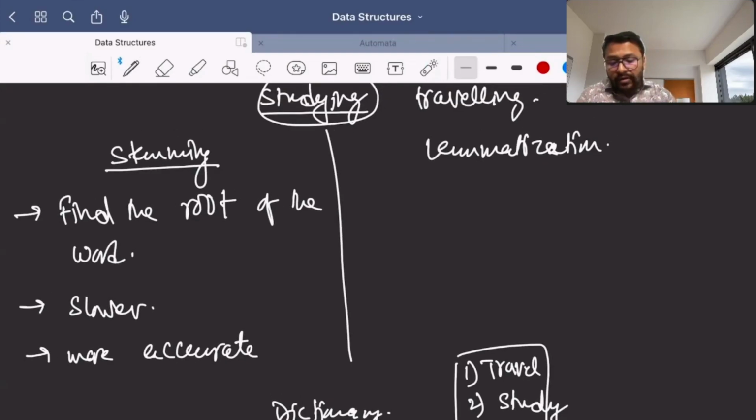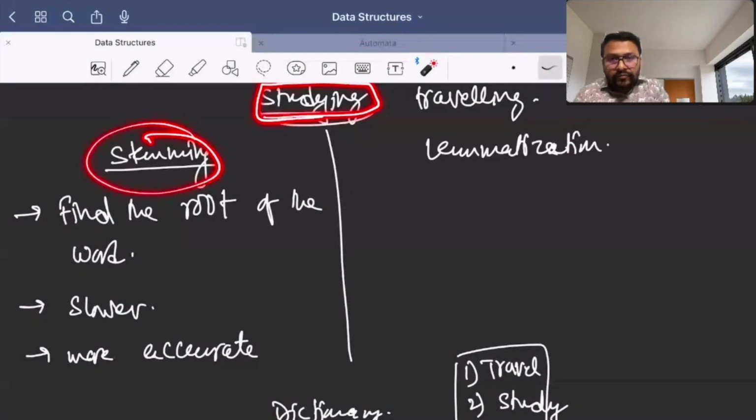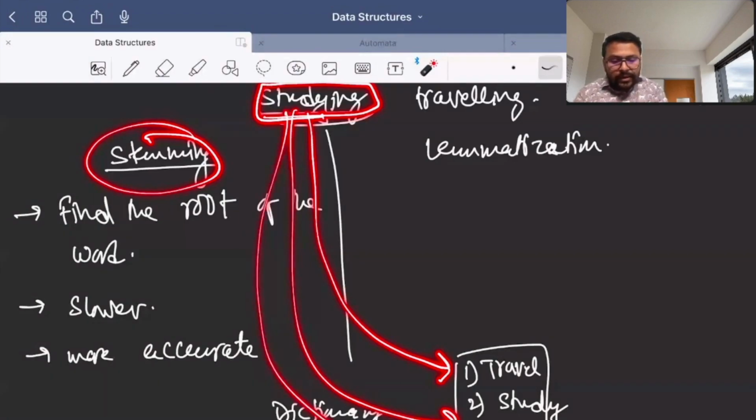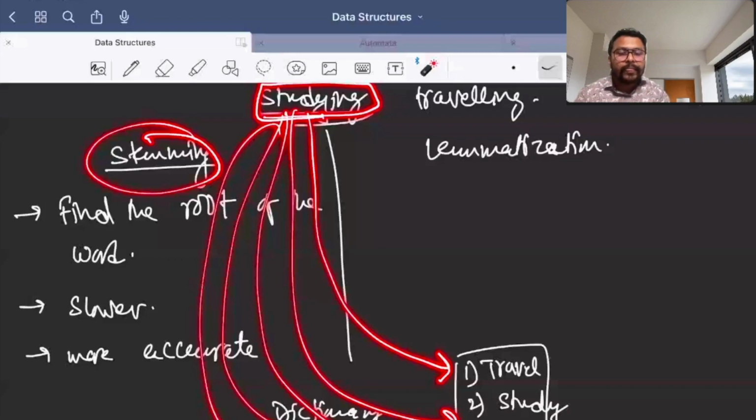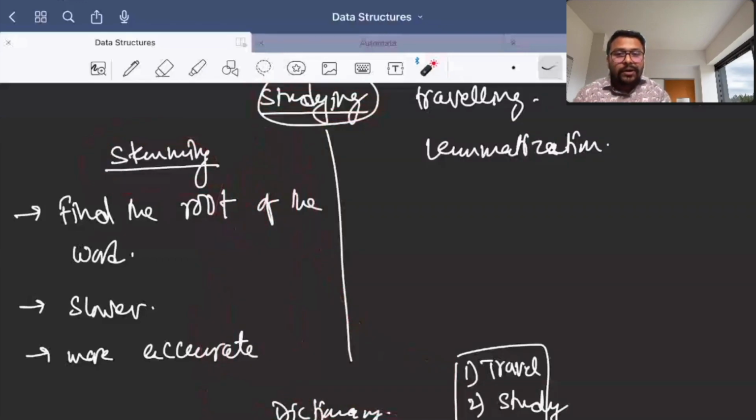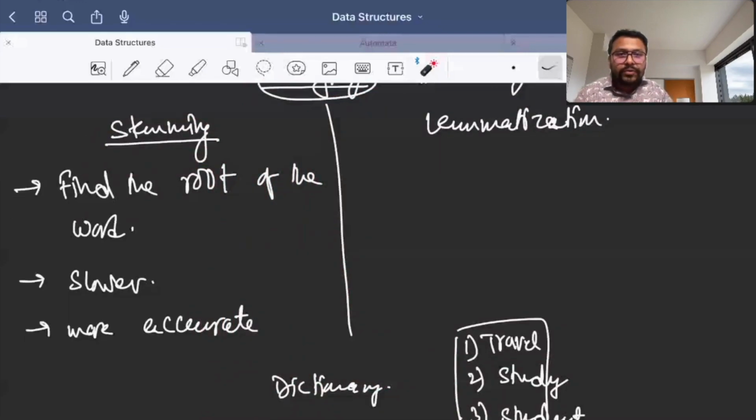Now what stemming will do, this word studying will be compared with each of the words available in the dictionary. Why is it slower? Because it is very computationally demanding. It needs a lot of computation.